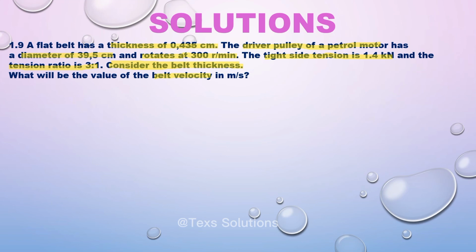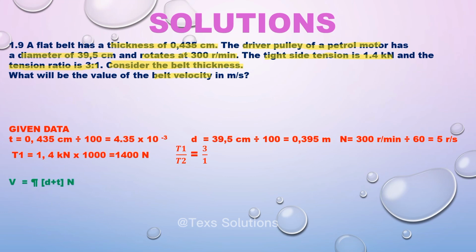Since we have just learned that the thickness affects the velocity of the belt, when I choose a formula to calculate velocity, I need to include the thickness in the formula. If I look at the given data, I've got the small letter t. In this equation, t does not represent time. In the belt drive or pulley equation, the small letter t represents thickness. t is 0.435 centimeters and we should have thickness in meters.